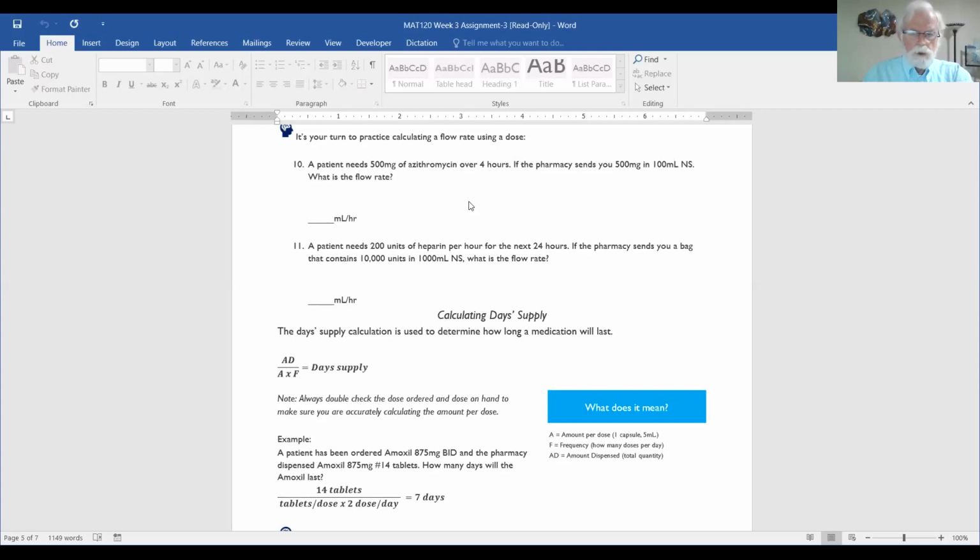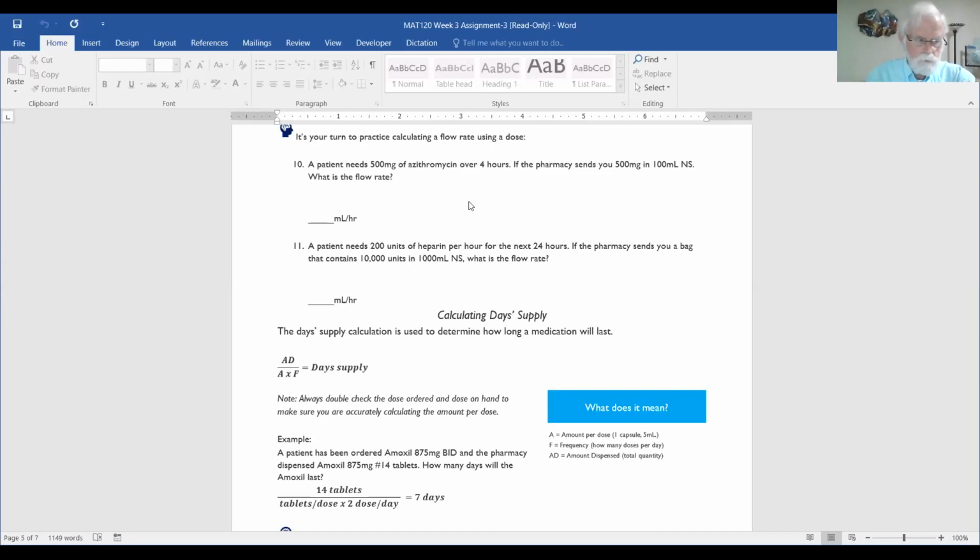So there's a couple of ways of doing this. The best way is to ask yourself how many units is that going to be at 200 units per hour for 24 hours? Okay, so you would take 200 and divide that by 24? No, it's 200 per hour.